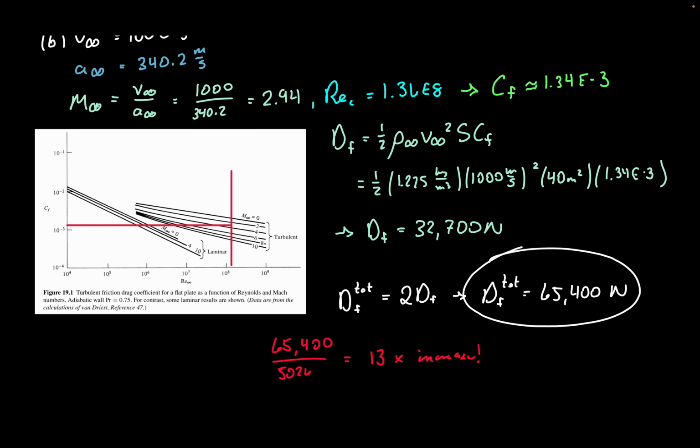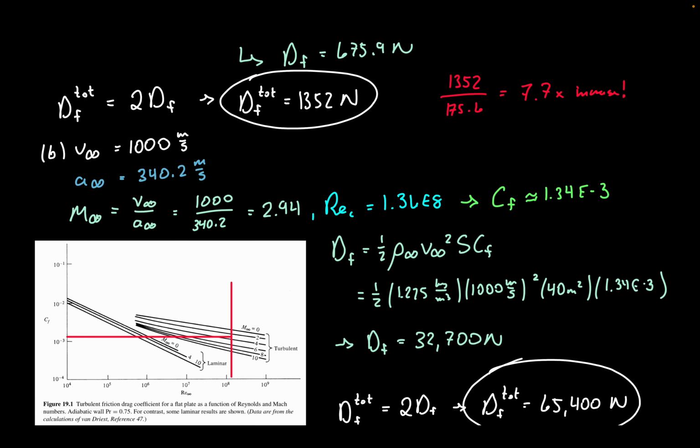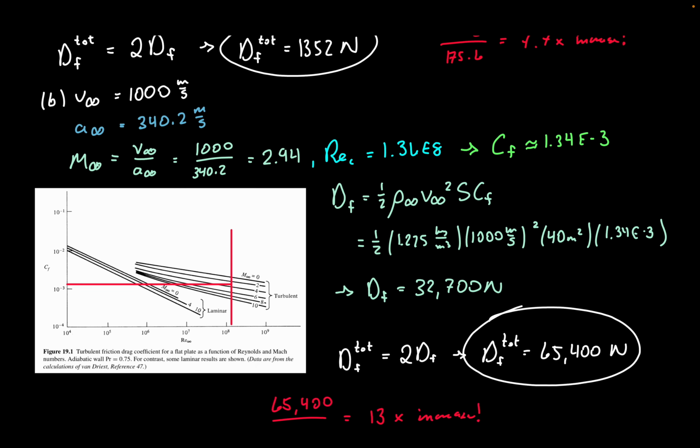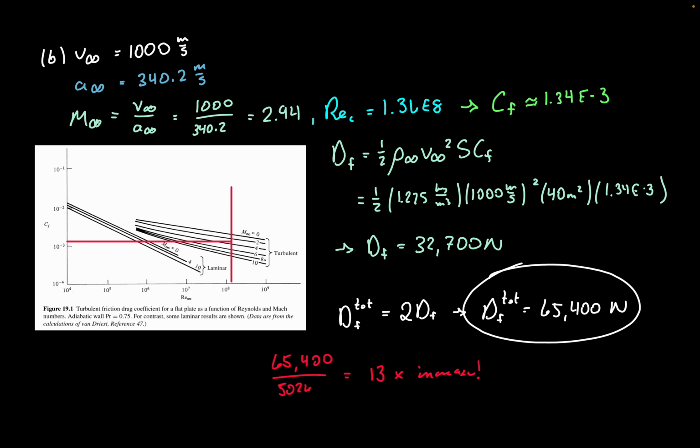You can definitely see it in the final results between both cases, because we had a 7.7 times increase, and now a 13 times increase once we get past the incompressible range into the compressible range. So it definitely matters what speed your aircraft is going at for designing your different parameters and such. I know we're using a flat plate, but depending on your airfoil, you could approximate. So definitely a good thing to keep in the back of your mind for your aerospace toolbox.